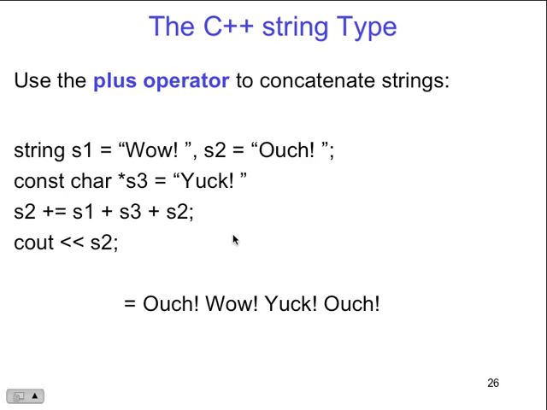So string S1 is equal to wow, string S2 is equal to ouch, and constant character pointer S3 is equal to yikes, and S2 is going to be plus equal to. If you haven't figured this out, it's doing an assignment plus an addition at the same time. S1 plus S2 plus S3, and we got C out. S2 is going to say ouch, wow, yikes, ouch, or something of that nature. We concatenate them all together.